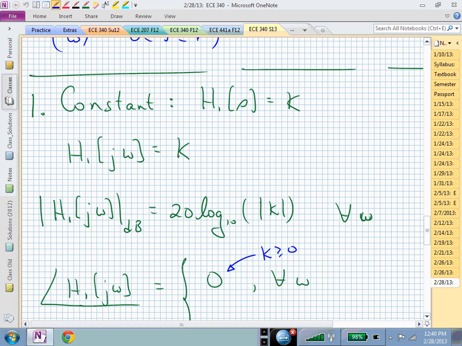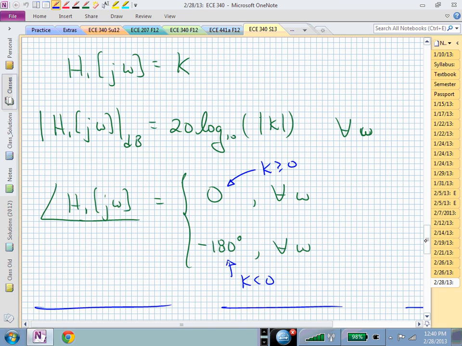I would just say, now I need to shift everything up by whatever this numerical value ends up being for all frequencies. The phase is similarly maybe benign or boring. The phase is either one of two values for all frequencies, depending on what k is.